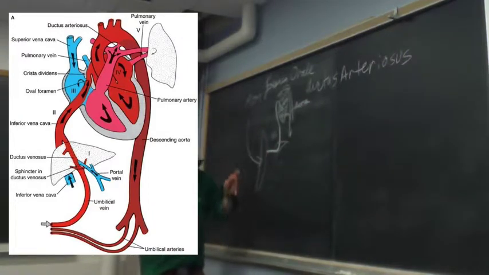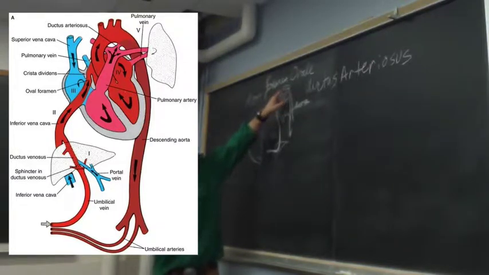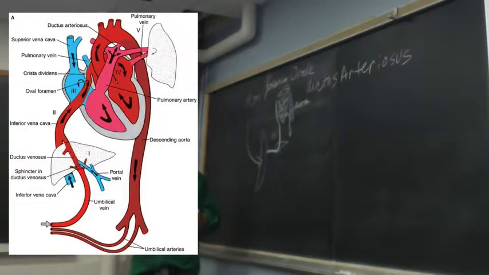So there's two mechanisms by which the fetus is sending blood to the aorta. First of all, through a shunt between the right atrium and the left atrium, and secondly, a shunt between the pulmonary trunk and the aorta. You guys follow that? So as much of this oxygenated blood that's coming in and passing through the liver and coming up through the IVC is getting sent to the rest of the body.